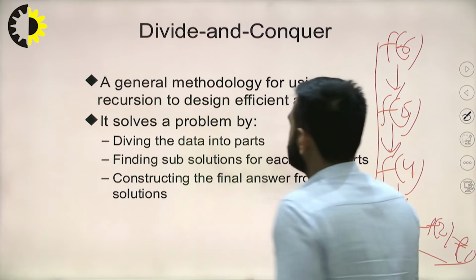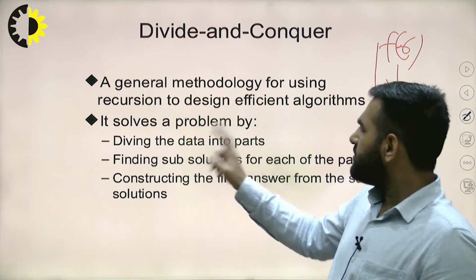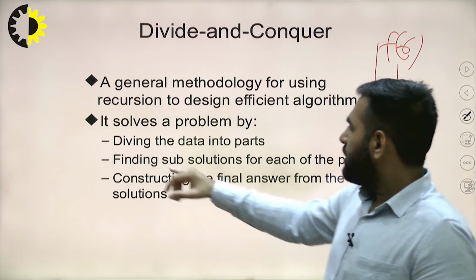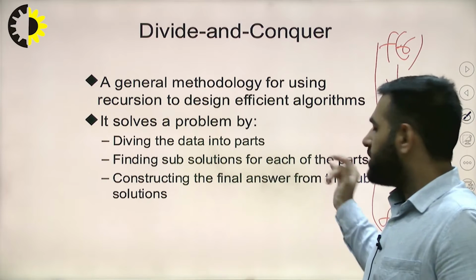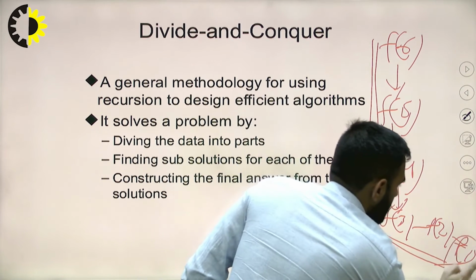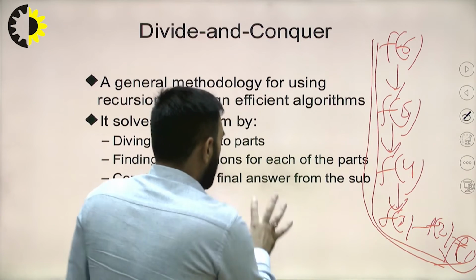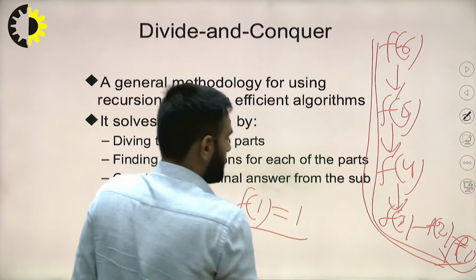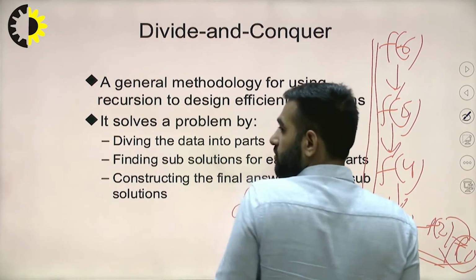Recursively, we are calling. It solves the problem by dividing the data, meaning the problem, into subparts, subproblems, and finding the solution for each part. Suppose here is the small problem. We came here. Now, F1 is the small problem. We know the value of F1 equals 1. We'll give this value to this. What does this mean?